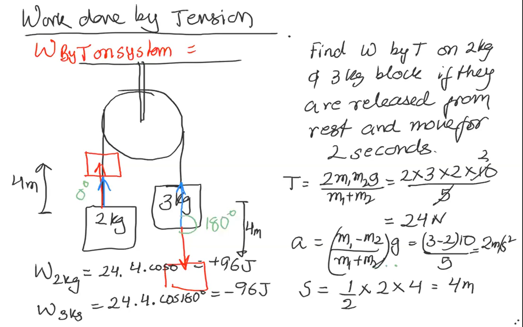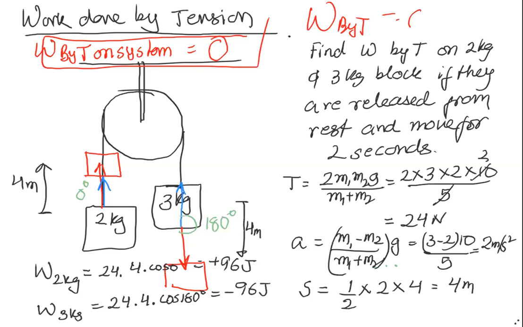Total work done is the work done on individual components added up. And this is exactly what I wanted to show you. Work done by tension is equal to zero.